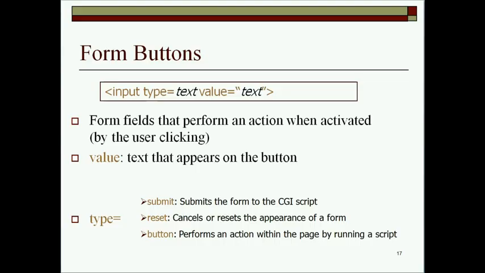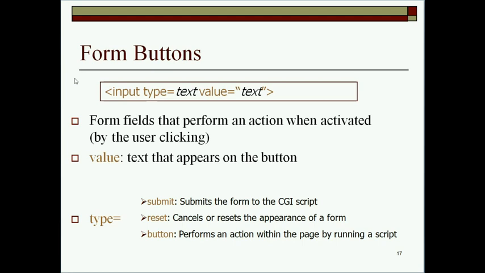Form buttons. This is an input type that displays a button which can be clicked. It is, in a way, in the same category as the radios or the checkboxes, because what the user can do is simply click on them.